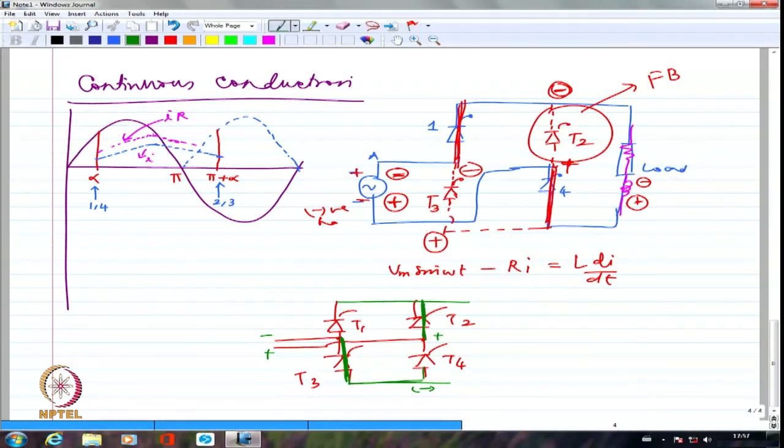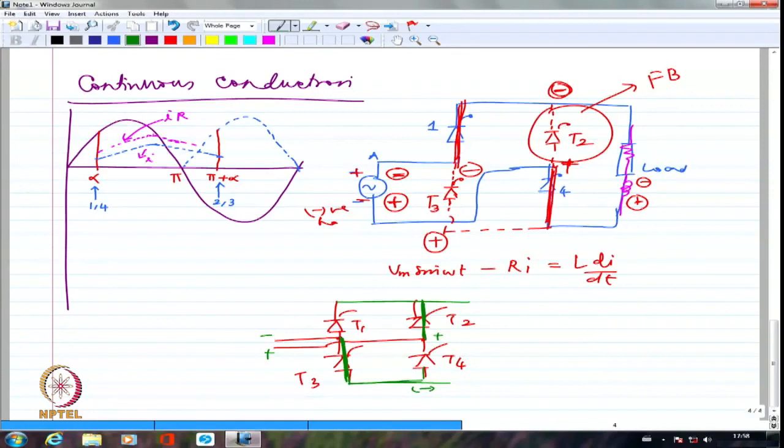Please note, even without any load, I am able to simply apply only the supply voltage across T1 and T4. Forget about the load. There is no responsibility of the load here at all. I have not even shown the load here. You see? Because these two terminals are directly connected across T1 and T4.